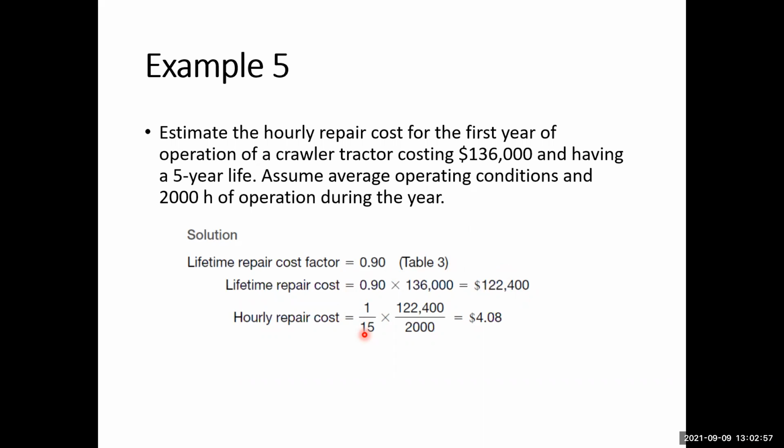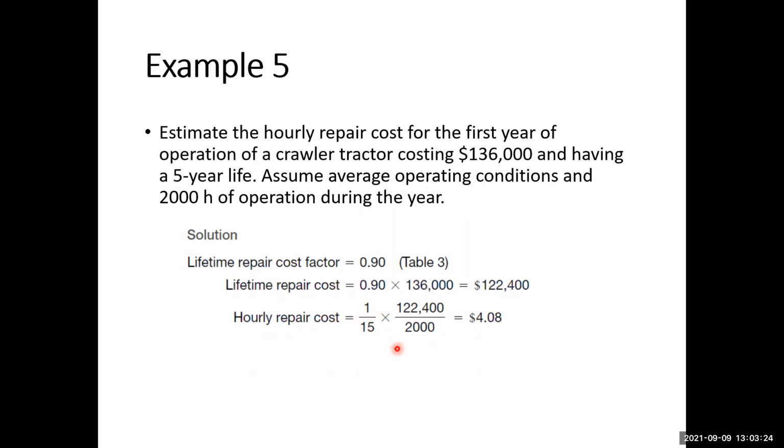So we will assume that in the first year, very little repair will be needed. If we just uniformly distributed it, then we would use 1/5 only, right? But since the equipment is new at the beginning, in the first year we will use less repair, so it will be 1/15.